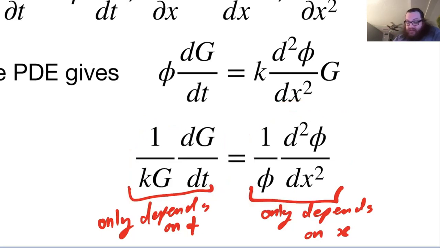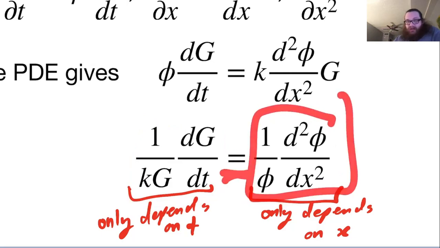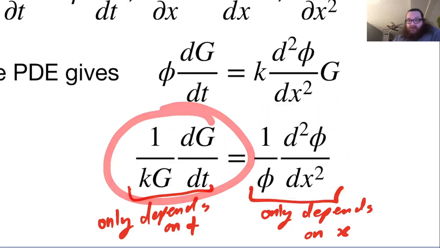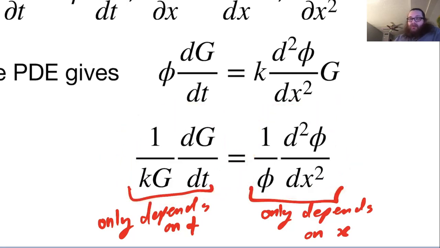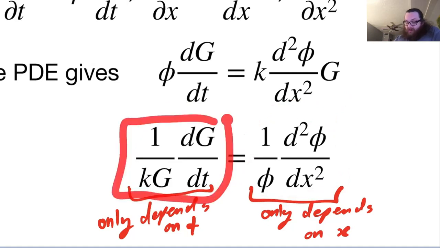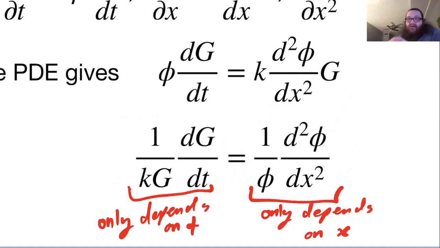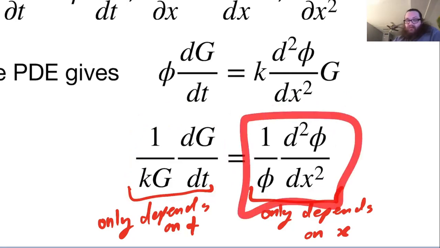So as we vary t, this side doesn't change. Because this side doesn't change and we have an equality, this side doesn't change at all. That tells us that this quantity right here is actually constant with respect to t as well, just as this side is constant with respect to t.